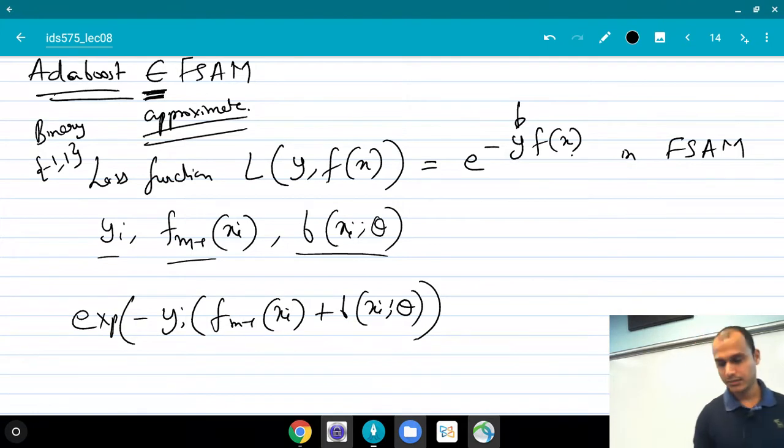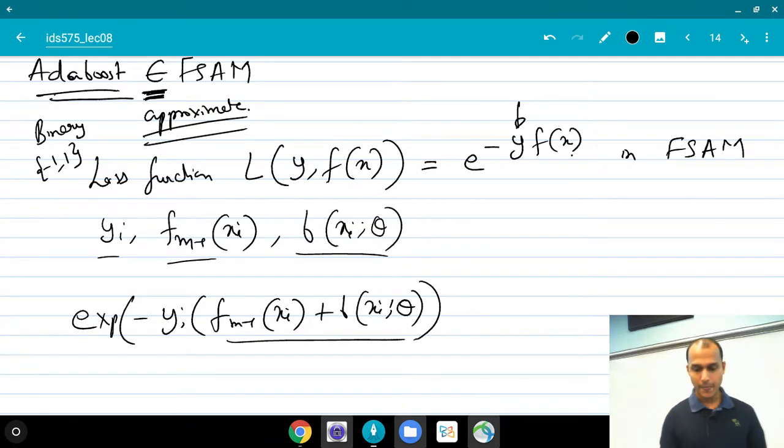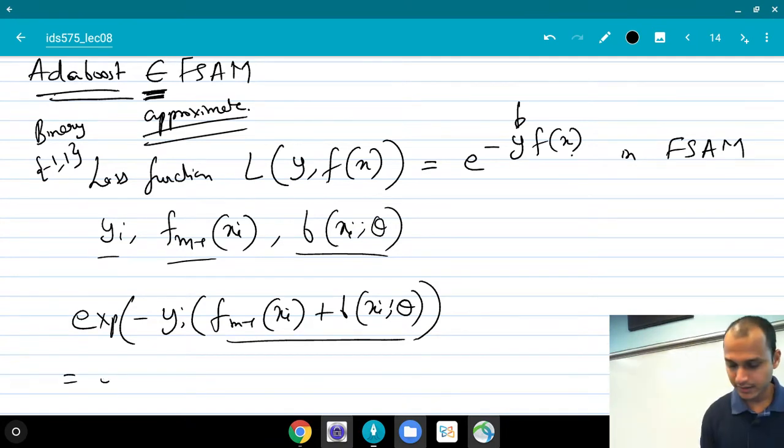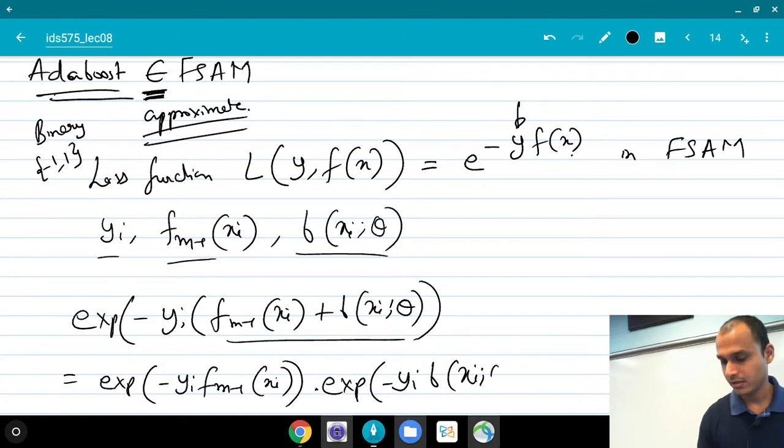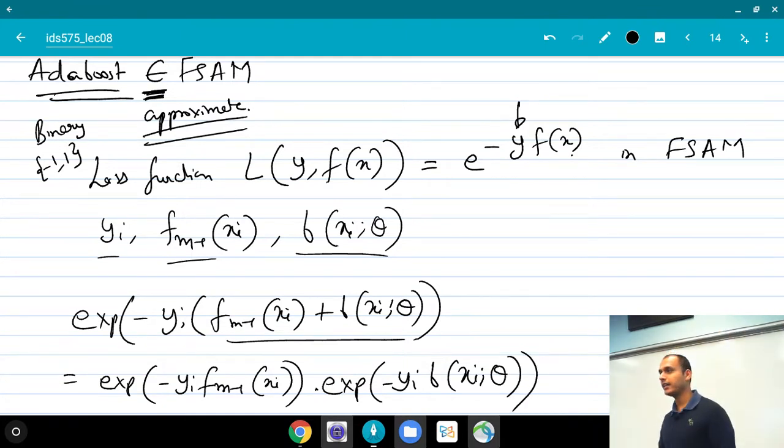I just substituted what was in the previous slide, and this is the same as e to the power minus yi fm minus 1 of xi times e to the power minus yi b of xi theta, since e to the power a plus b is e to the power a times e to the power b.